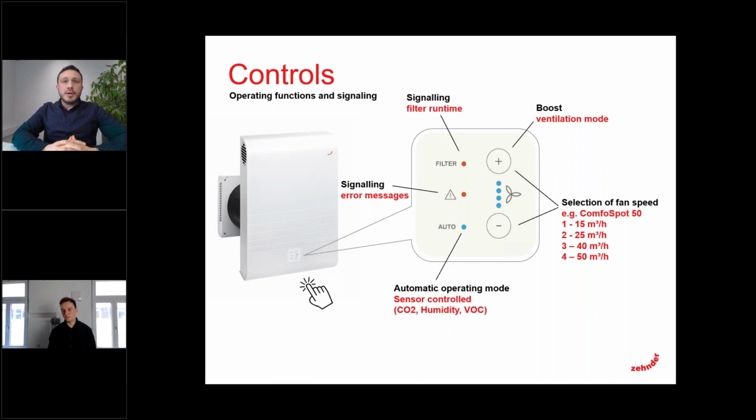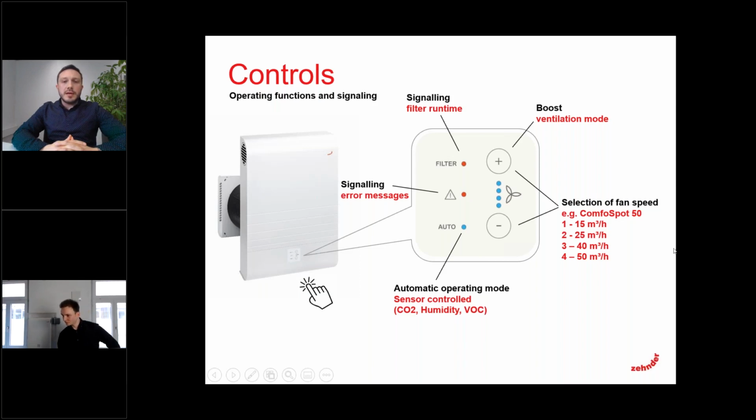How can you control the decentralized ventilation unit? Well, you have a very convenient control at the unit itself, because this unit is installed in your living space, in your bedroom, in your kitchen, in your bathrooms, or so.